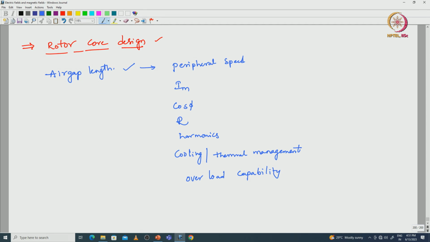These are the constraints we have to consider while choosing the proper air gap length.